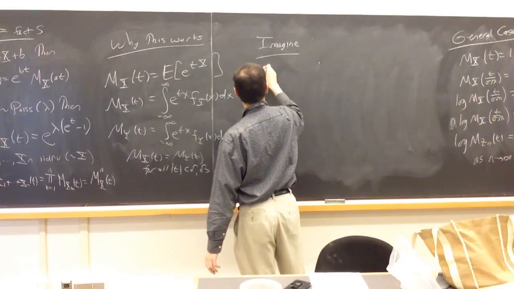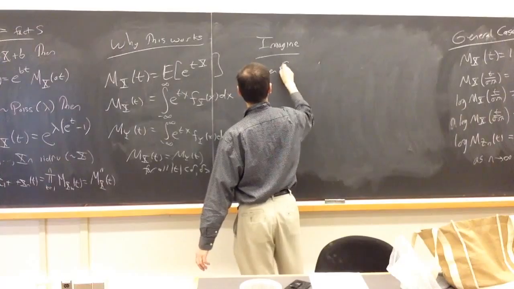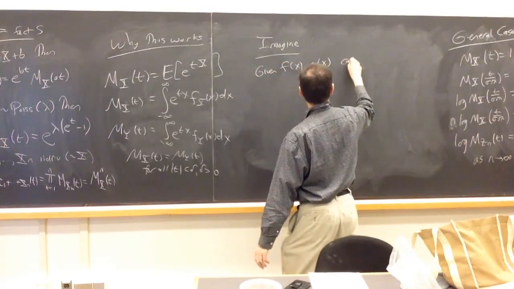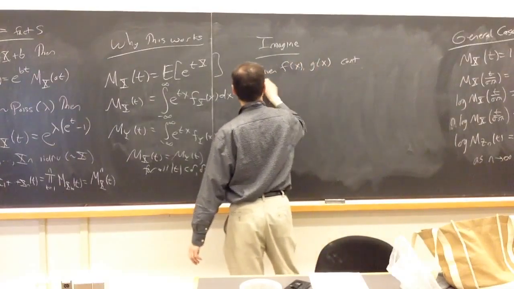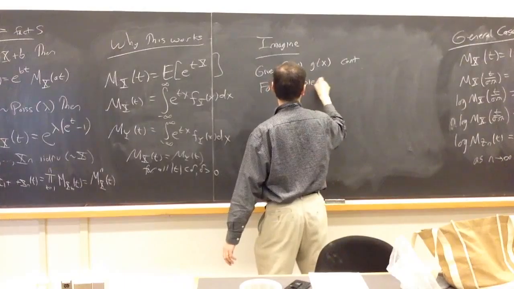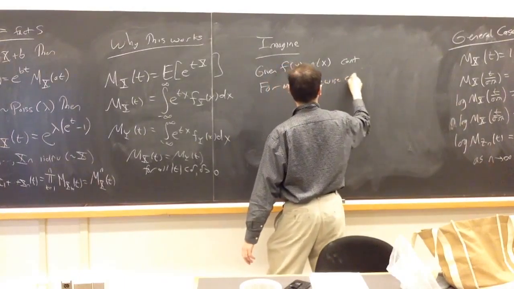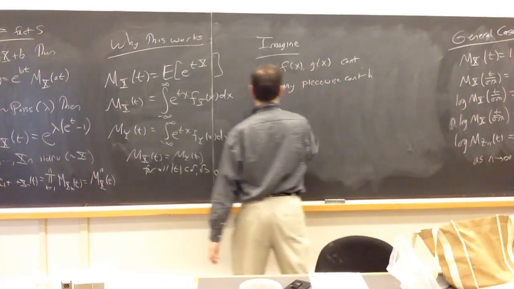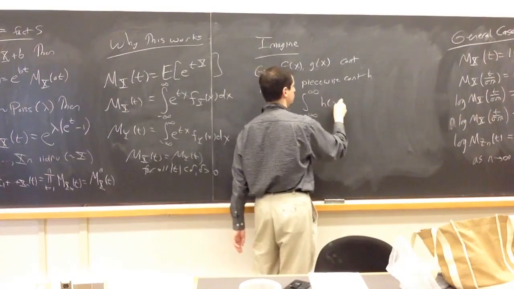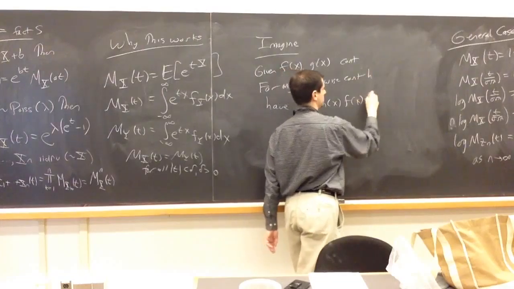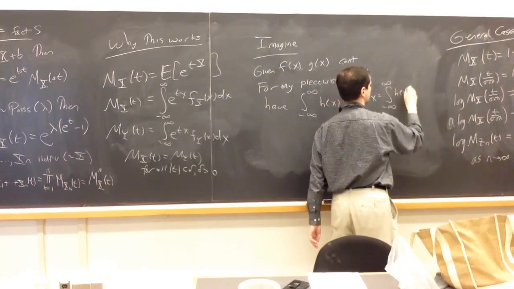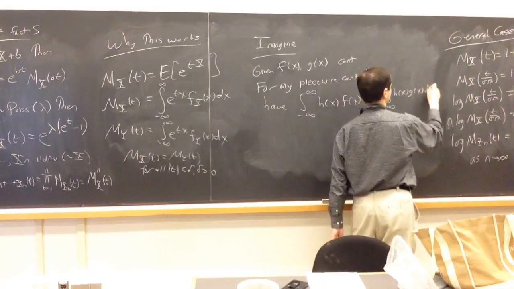We have some functions f(x), g(x) that are continuous, and for any piecewise continuous h, we have the integral from minus infinity to infinity of h(x) f(x) dx equals the integral from minus infinity to infinity of h(x) g(x) dx.